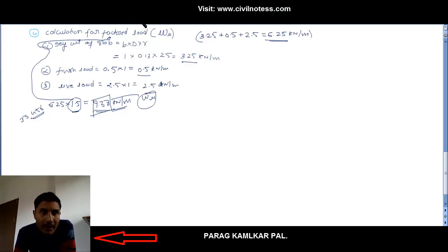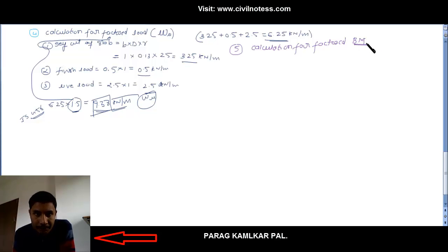Now the step number 5, I take a different color so you do not make any sort of changes. In this step 5 we are going to do the calculation for the factored bending moment. Factored bending moment is defined by M, but the factored one is made by MU.